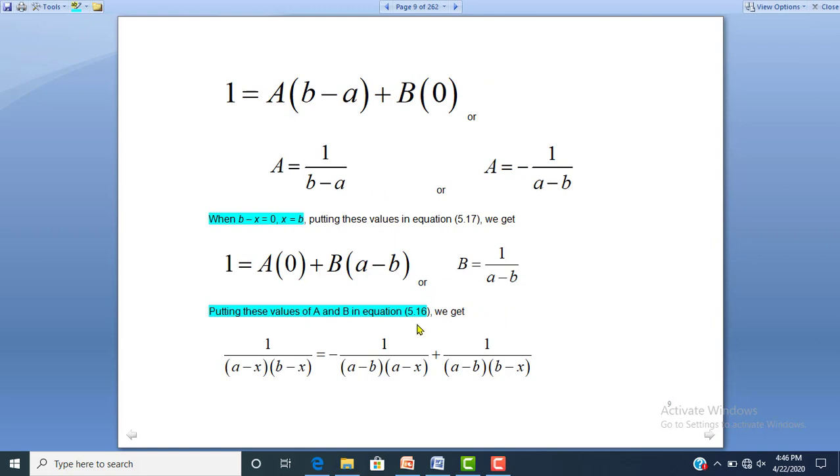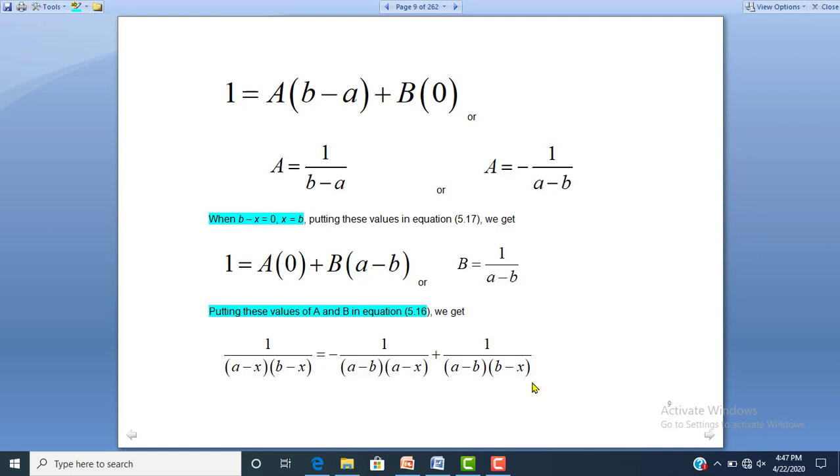So equation 5.16 became 1 over A minus X into B minus X is equal to minus, this minus is from the value of A, minus 1 over A minus B into A minus X plus 1 over A minus B, this A minus B is from the value of B, into B minus X. So the obtained equation is 1 over A minus X into B minus X is equal to minus 1 over A minus B into A minus X plus 1 over A minus B into B minus X.